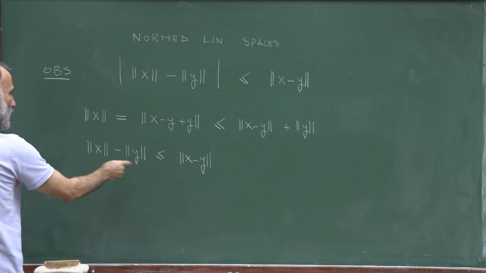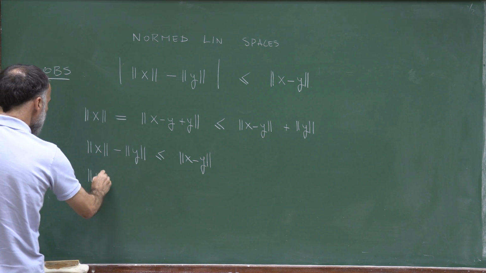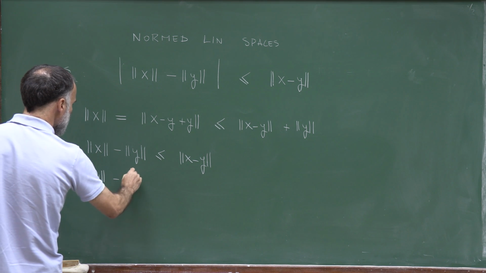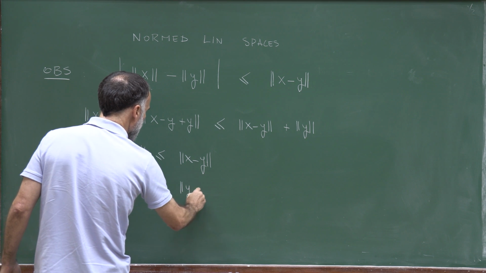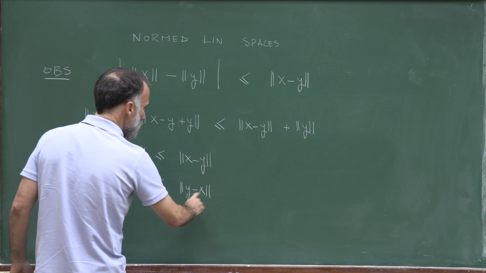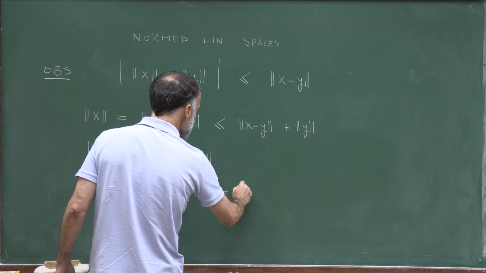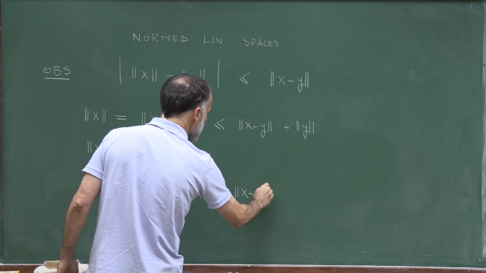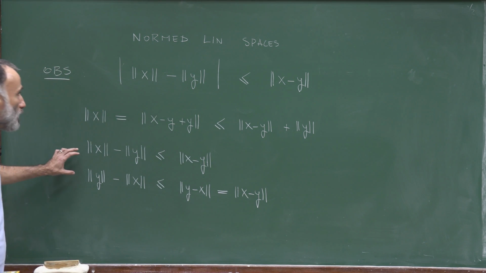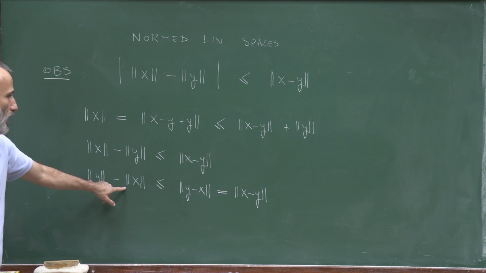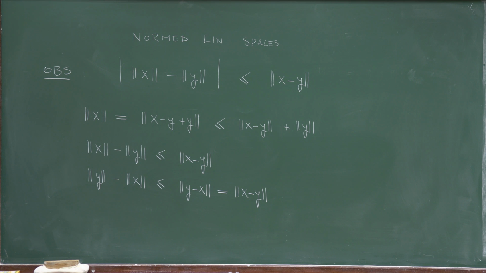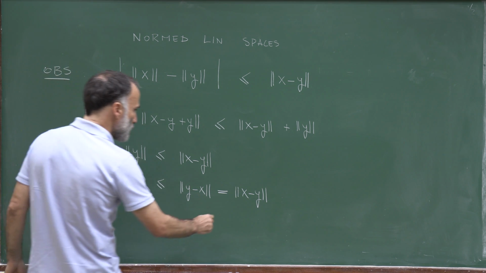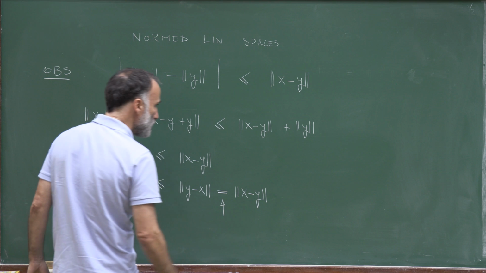And by exchanging x and y, we get that the norm of y minus the norm of x is bounded by the norm of y minus x. I will prove in a second that this is equal to the norm of x minus y. And therefore, we have that both the norm of x minus the norm of y and the norm of y minus the norm of x are bounded by the norm of x minus y, from which this inequality follows, provided I prove this identity.